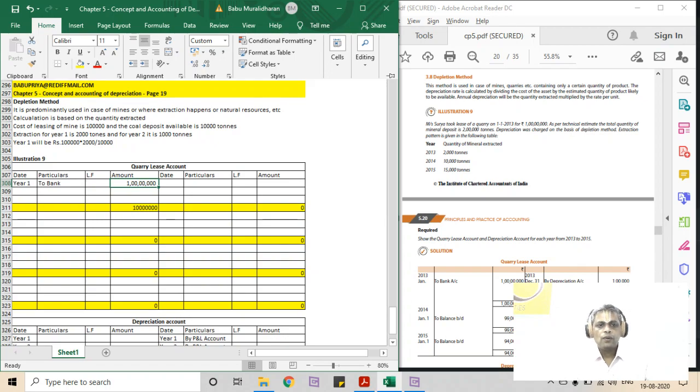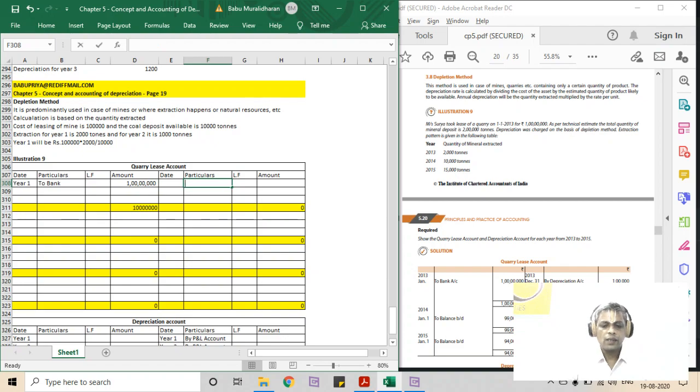And now let's put the depreciation for year 1, by depreciation. Depreciation will be calculated on the basis of extraction. So 2,000 tons extracted, the total deposit is 2 lakh tons. So depreciation is equal to 1 crore into 2,000 divided by 2 lakhs.